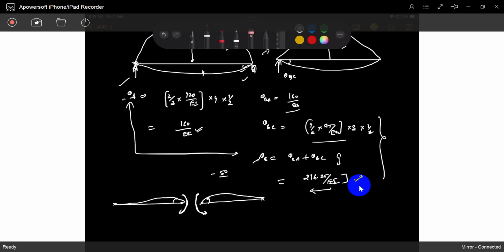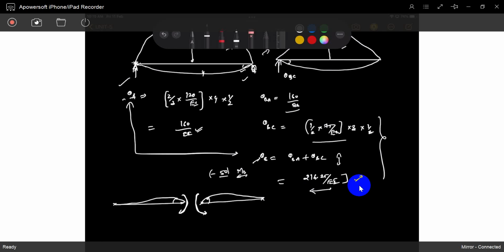So finally we have to find out whether this MB is hogging or sagging. No need to say it is clockwise or anti-clockwise. For a moment MB or MA, you have a specific hogging or sagging, not positive or negative.